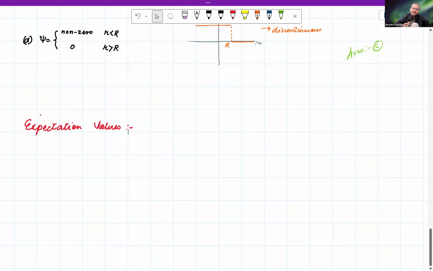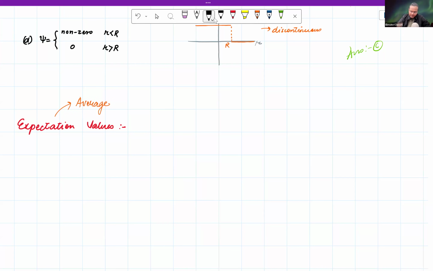Similarly, if I give the distribution of marks, you can calculate the average marks in the class. The expectation value is nothing other than average. So when we calculate the average of a quantity, we call it expectation value.